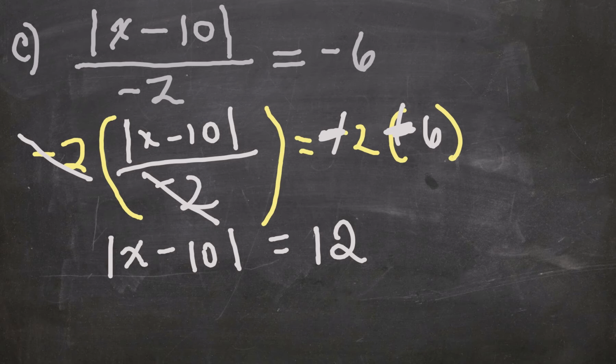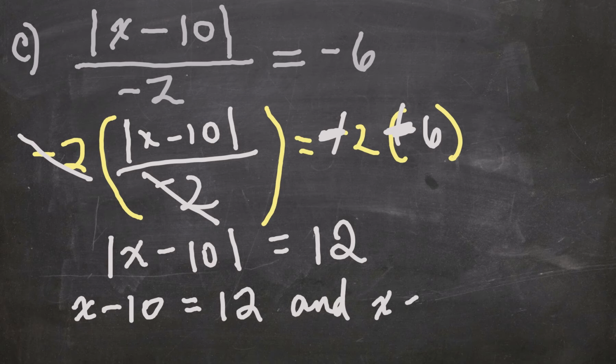So to set it up, we do this: x minus 10. However it's written inside of that absolute value, leave it that way for the positive version on the right side, and for the negative, we'll have x minus 10 equal to negative 12.